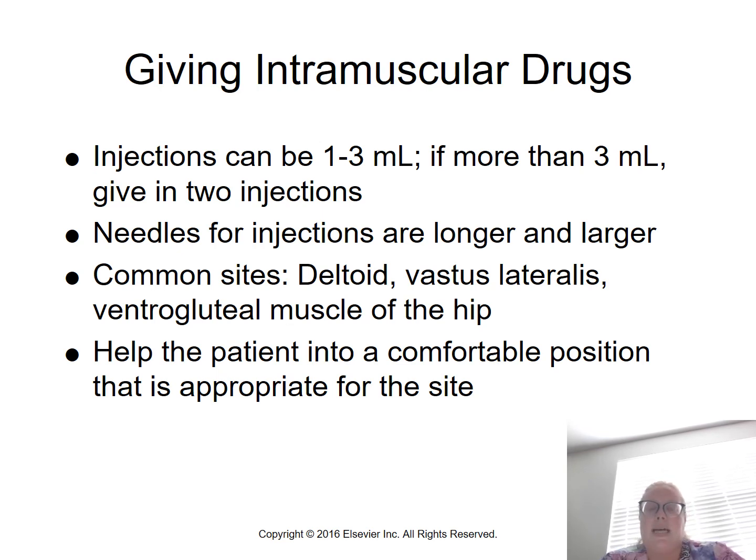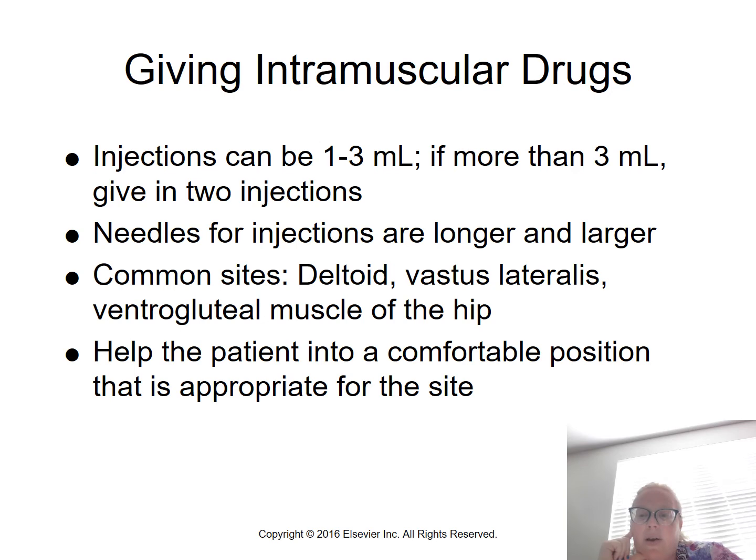So common sites are the deltoid, the vastus lateralis, the ventrogluteal muscle of the hip. So you're going to help your patient into a comfortable position that is appropriate for the site. The dorsogluteal site, which is like if you take the butt cheek and you divide it into 4, that upper outer 4th section is the dorsogluteal.